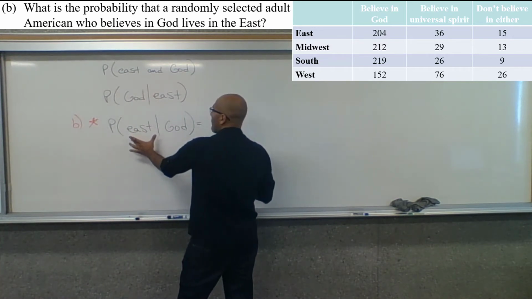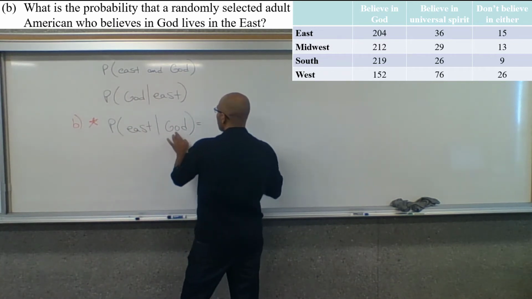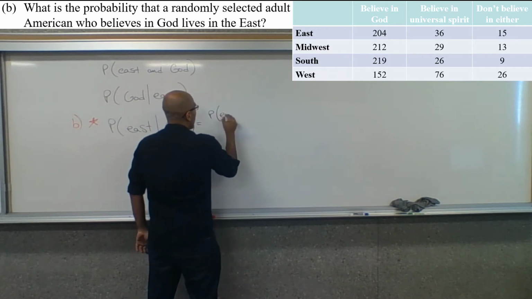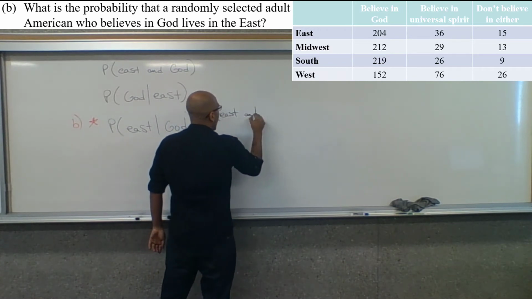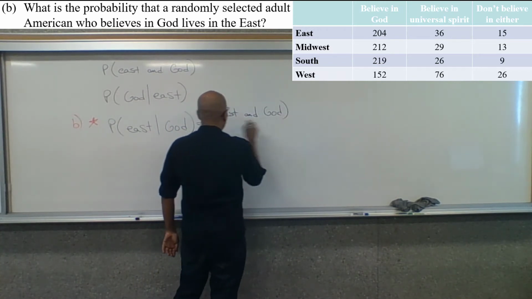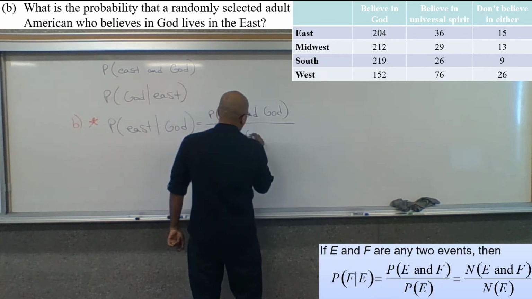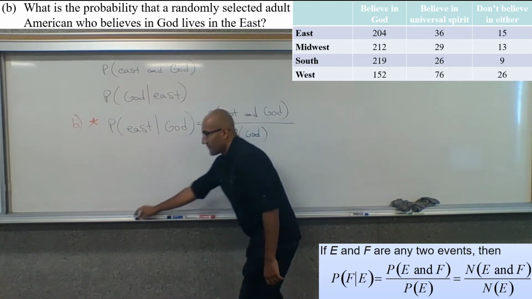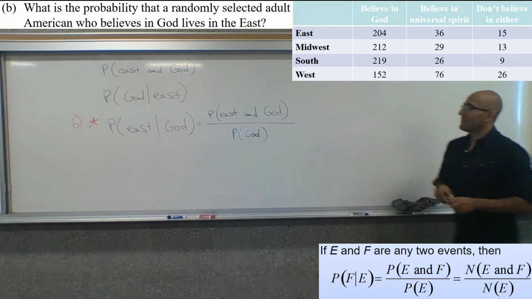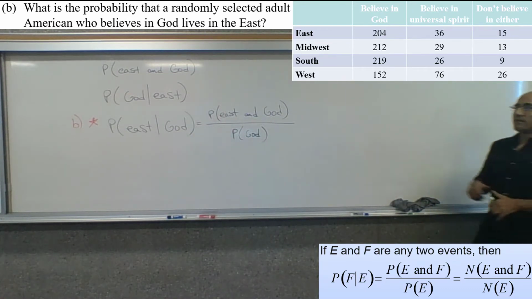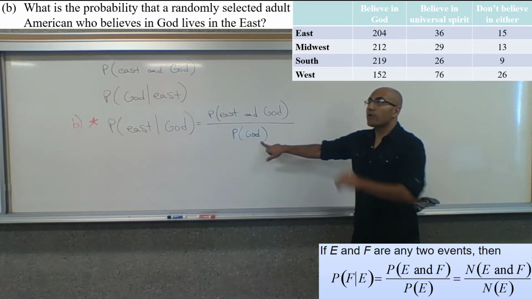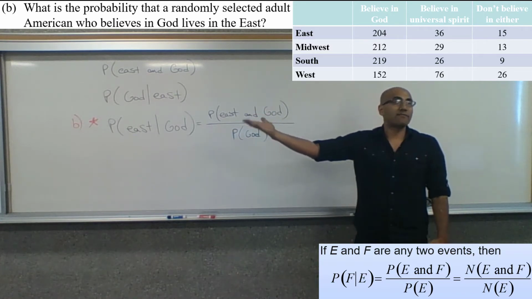It's equal to the probability of East and God divided by the probability of God. That sounds funny. What's the probability of God? Okay, well, we don't have probabilities in this case. We have tables.